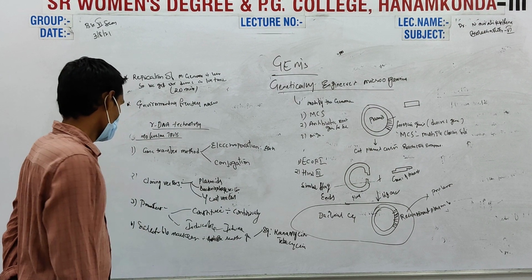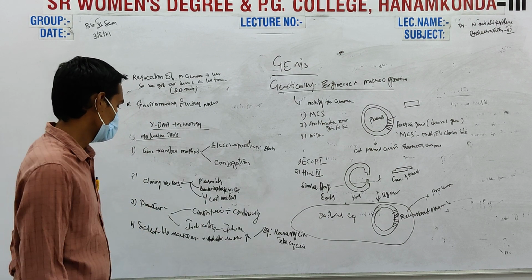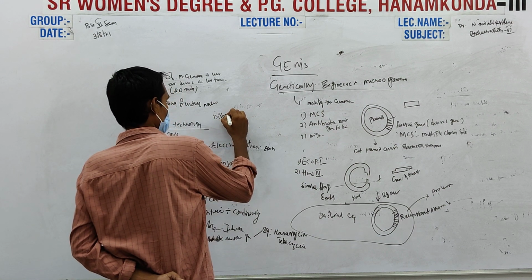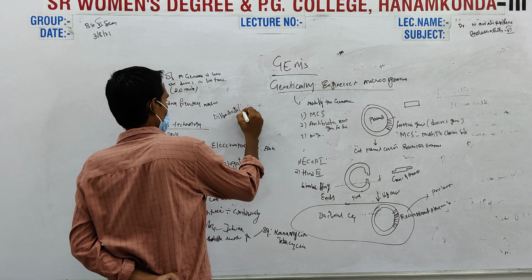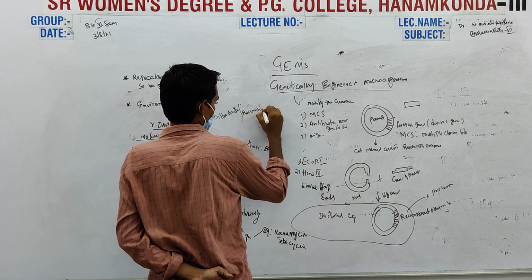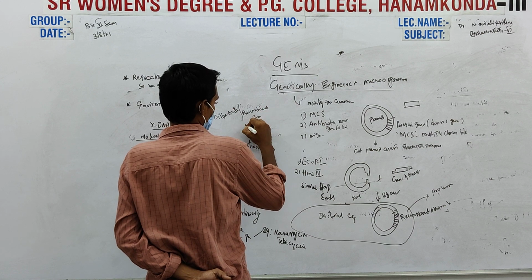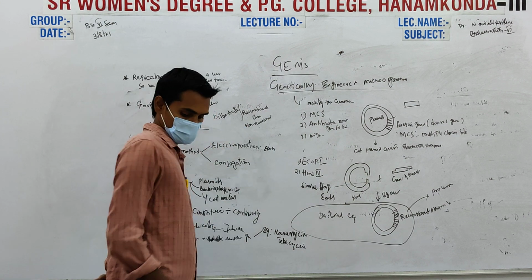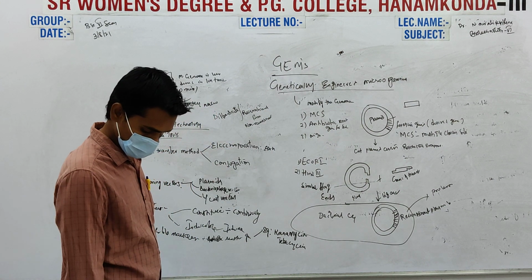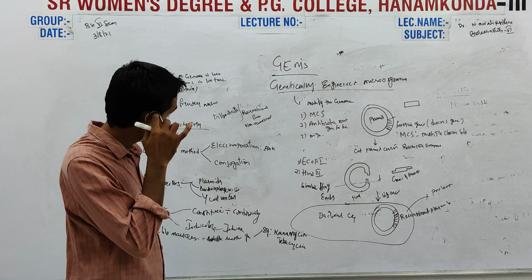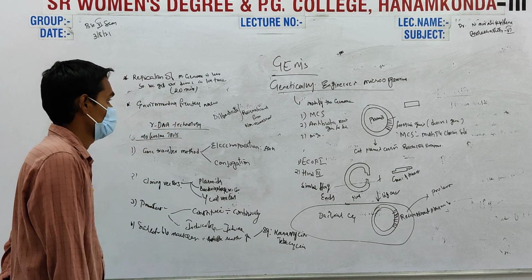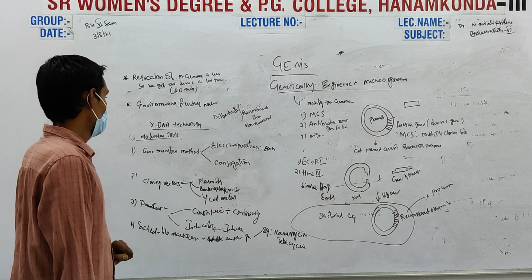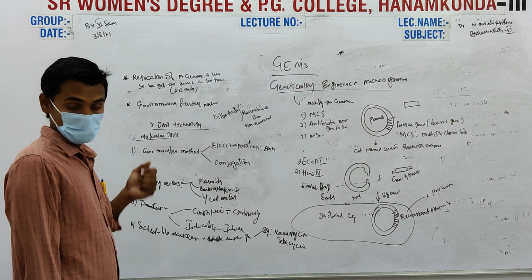These selectable markers can be used to differentiate recombinants from non-recombinants. So these are the strategies employed in rDNA making.